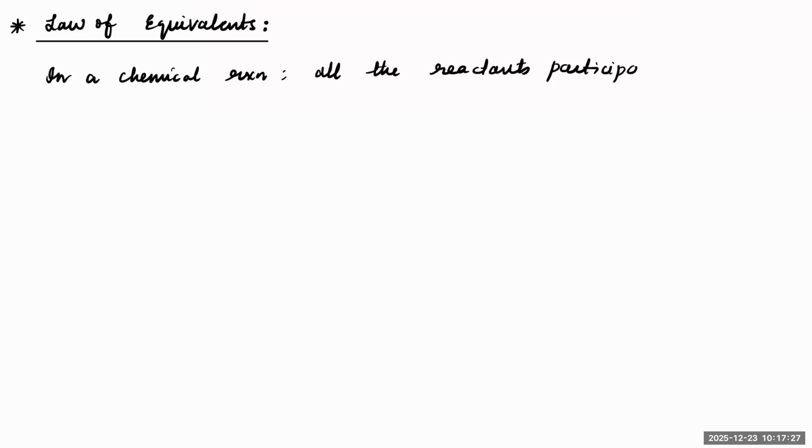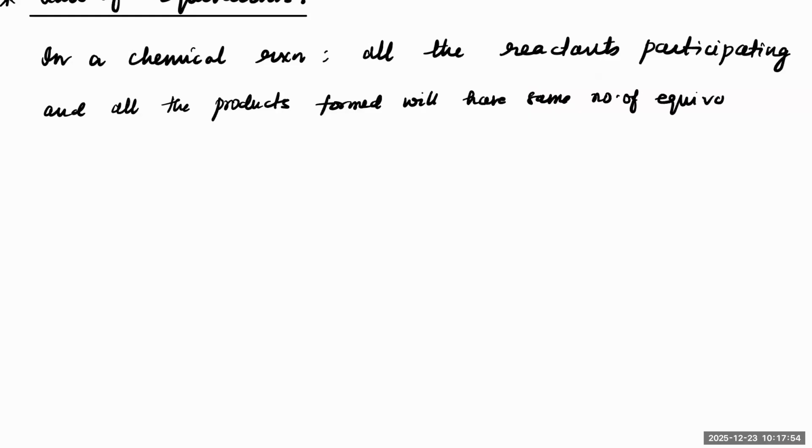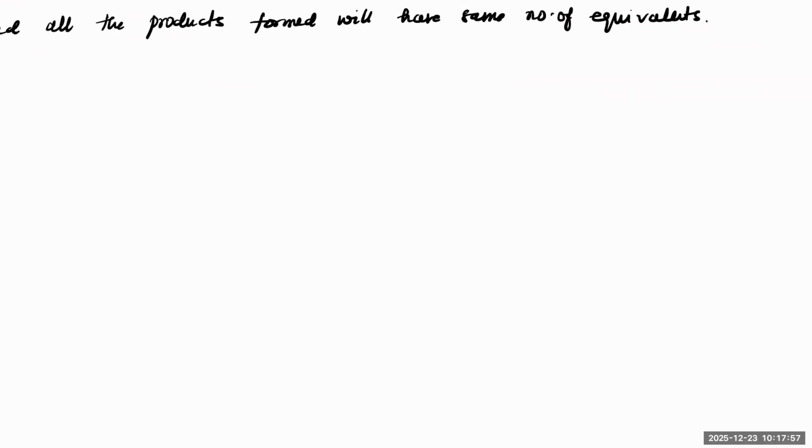According to the law of equivalence, in a chemical reaction, all the reactants participating in the reaction and all the products formed will have the same number of equivalents.